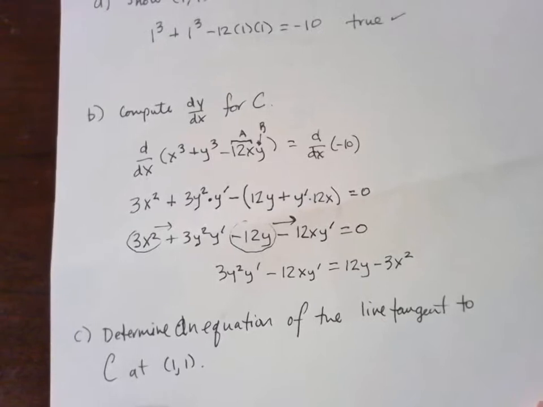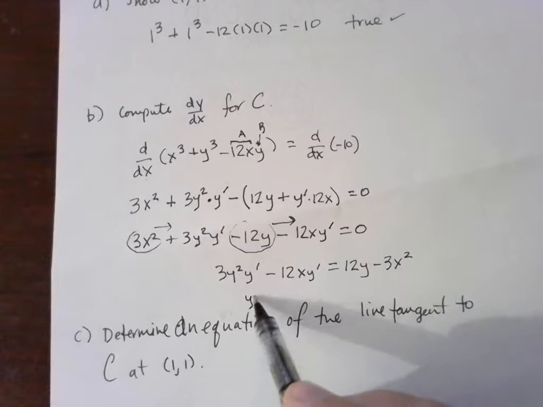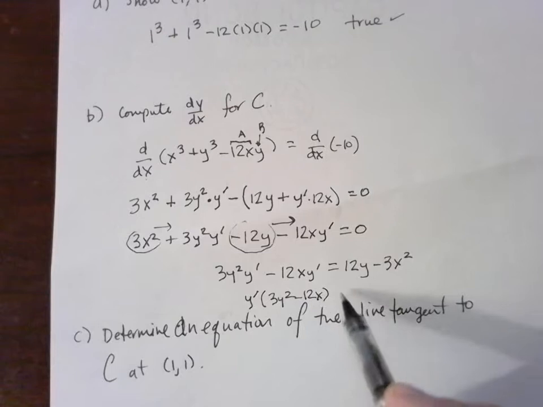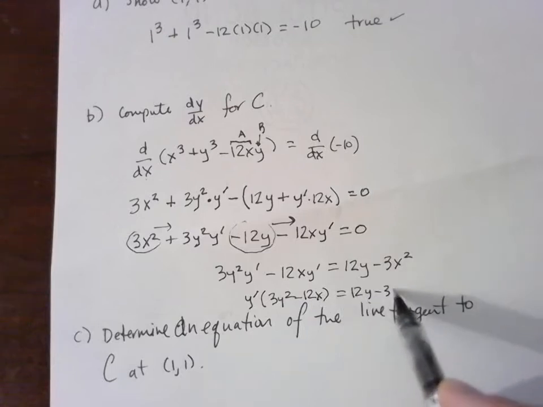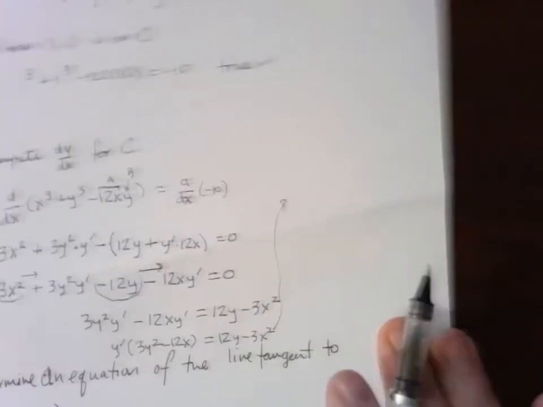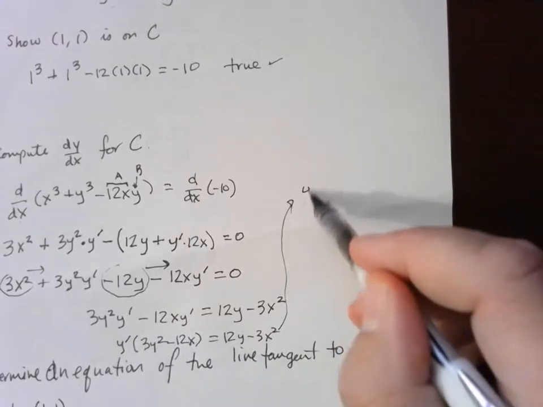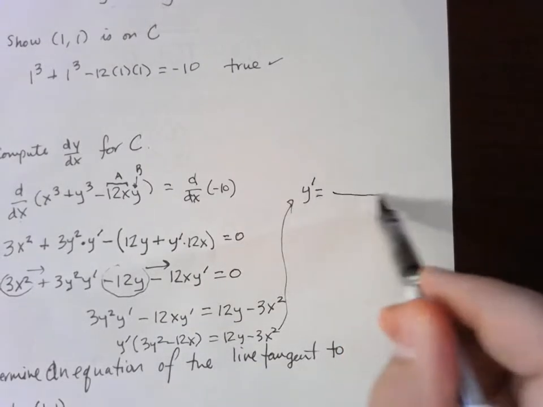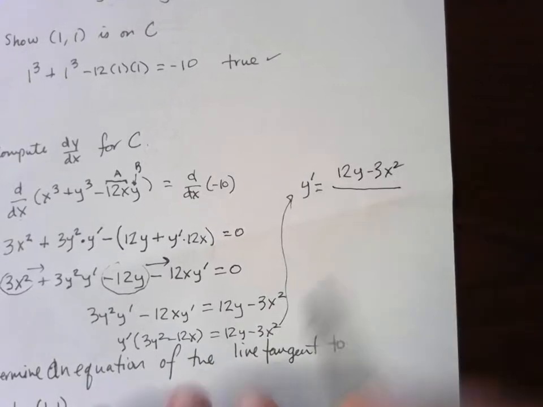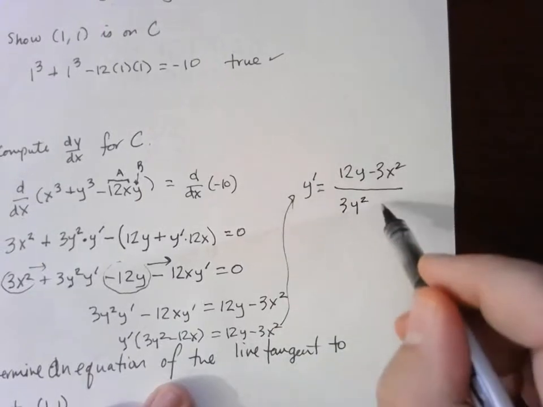Then I can take the y prime on these two terms and factor it out. 3y squared minus 12x. This equals 12y minus 3x squared. And then I can divide by this factor on the y prime, and I get y prime equals 12y minus 3x squared, which was over here, divided by 3y squared minus 12x.